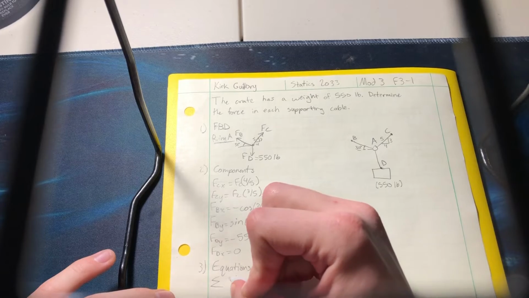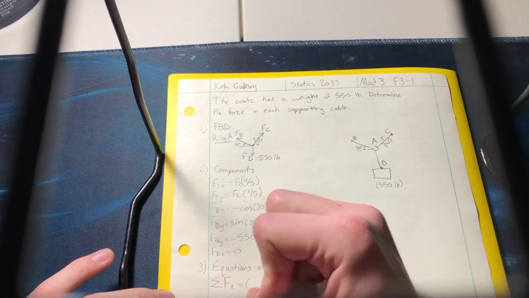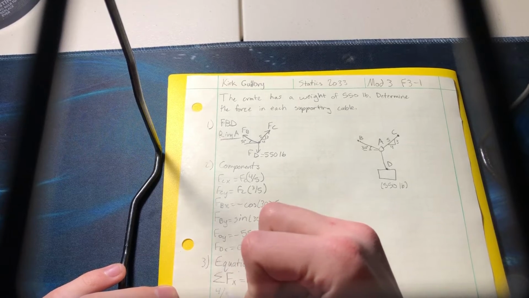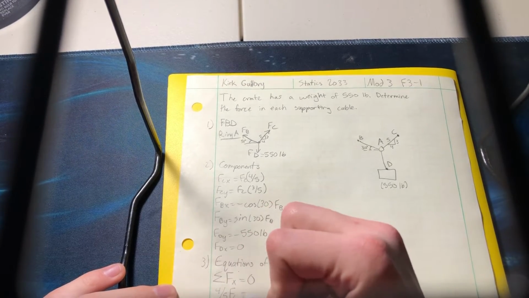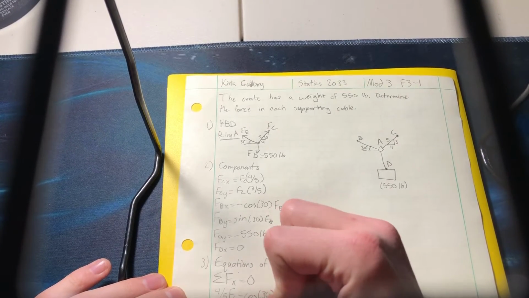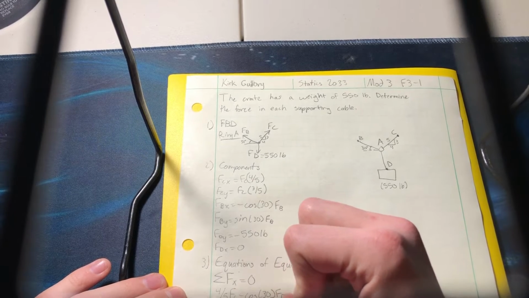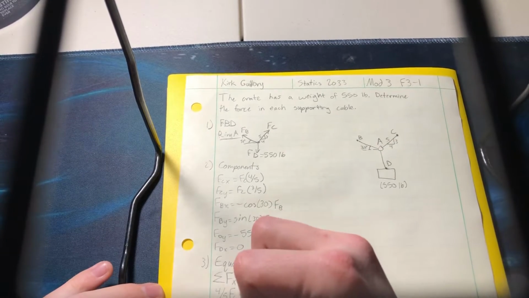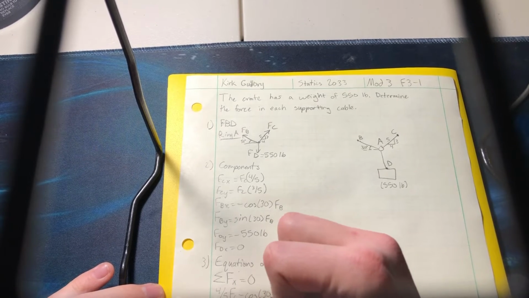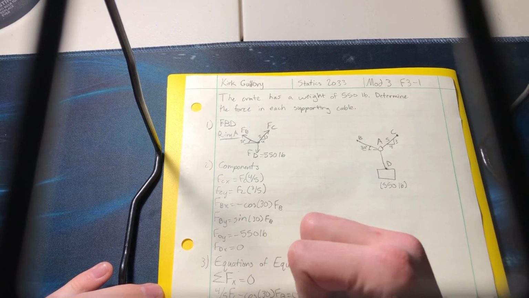Start out with the summation of forces in the x direction. So that'll be 4/5 FC, and then minus cosine of 30 FB equals 0. So apply that down to 4/5 FC equals cosine 30 FB.